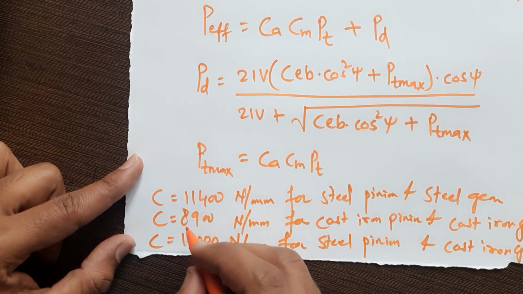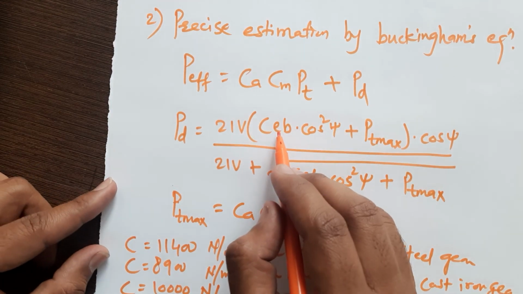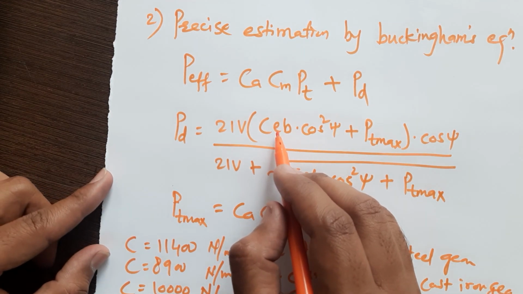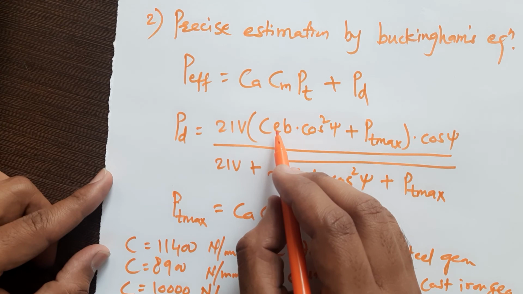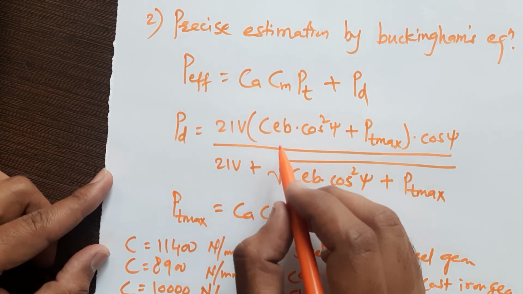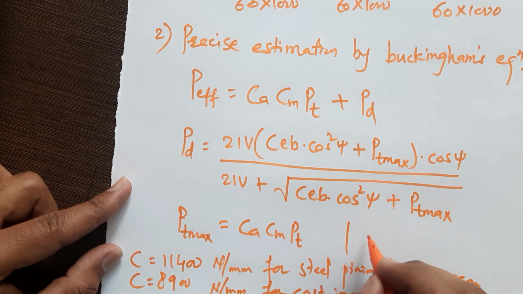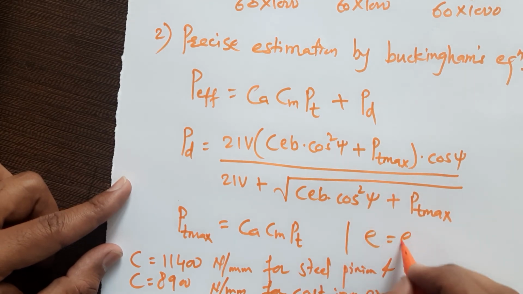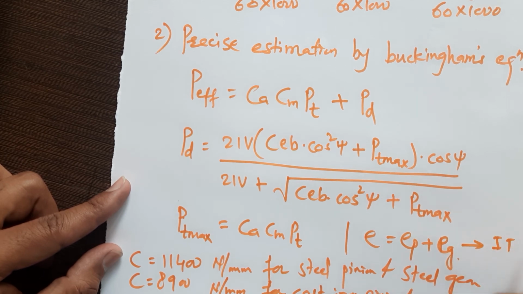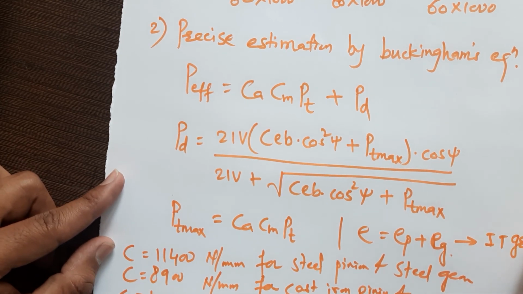Okay, so C you will get from it. E is nothing but pitch error, and there are various formulas for pitch error that already we have discussed in first unit. Okay, so E is nothing but summation of pitch error, E is equal to EP plus EG, and it depends on IT grade or accuracy level.